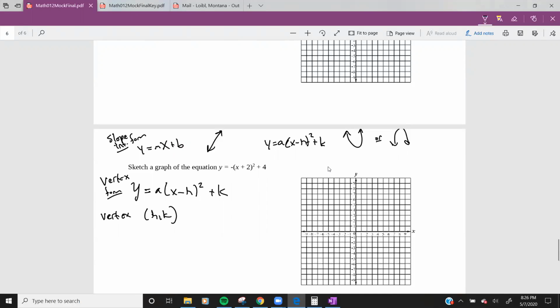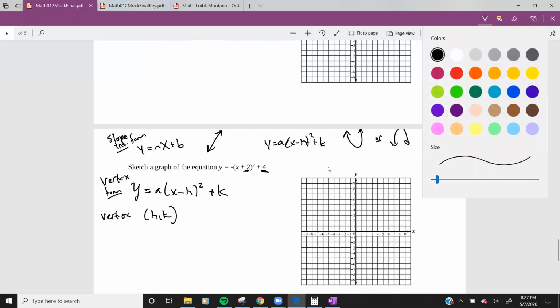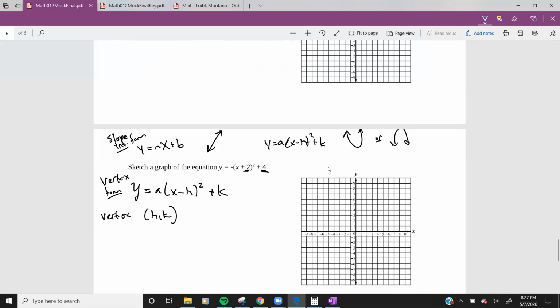You'll either have a hill or a valley, kind of like how we have up here. All right, so in this problem here, this 2 and this 4 is our vertex. Now again, in the vertex form, it's minus h, so it's the opposite of whatever you see. Anytime you see a negative in a formula, it's a little confusing, but it's the opposite of what it is here. So your vertex in this problem is (-2, 4).